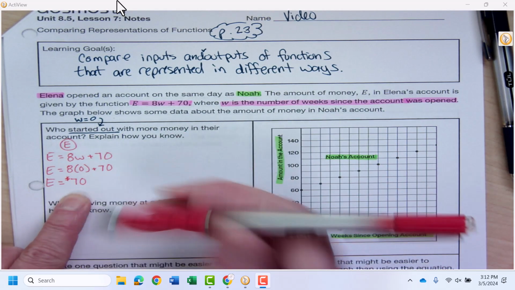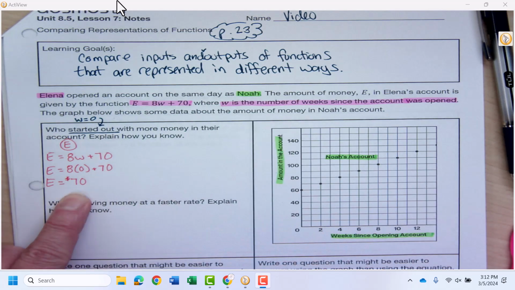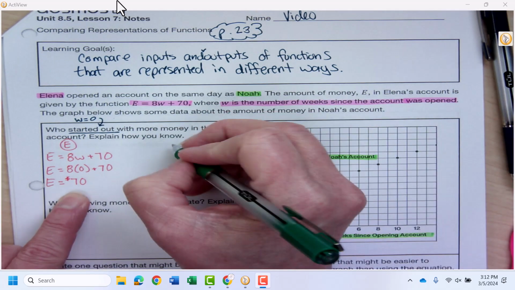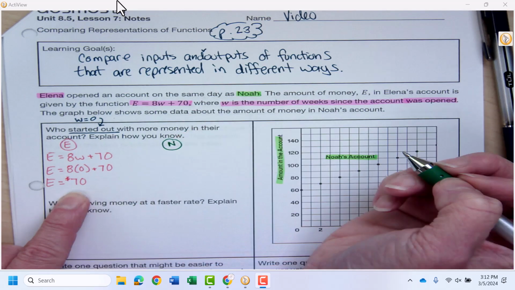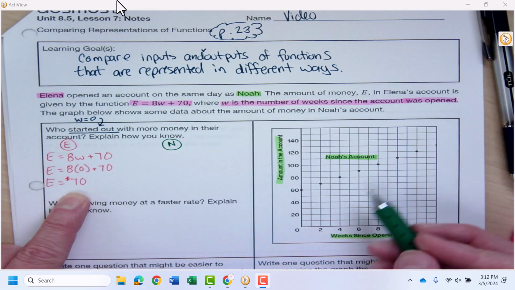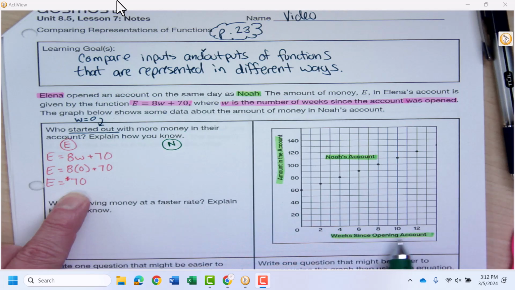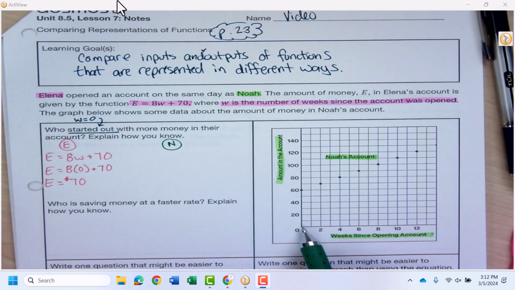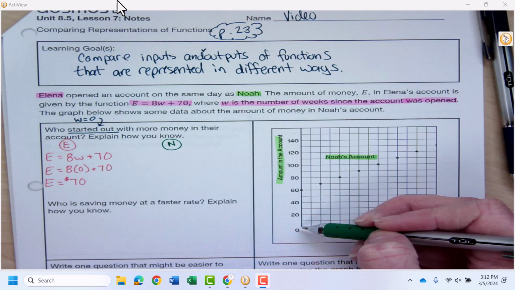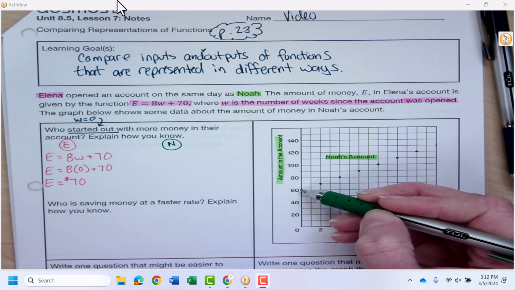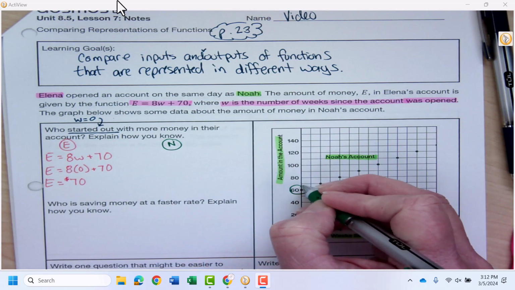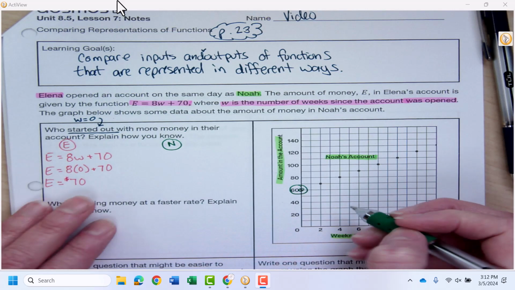We can find the same information for Noah. We're just going to find it a little differently. We'll do N for Noah here. All we have for Noah is this graph, but we're still going to be looking at 0 weeks since opening the account and figuring out where our graph starts for Noah. So at 0 weeks, let's come up here. It looks like right here is where we have our first data point.